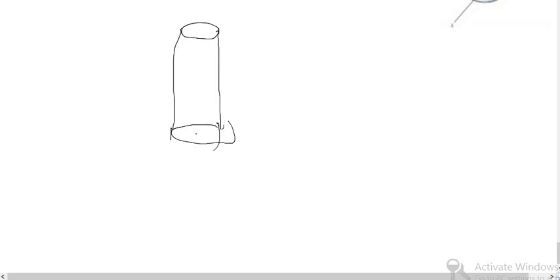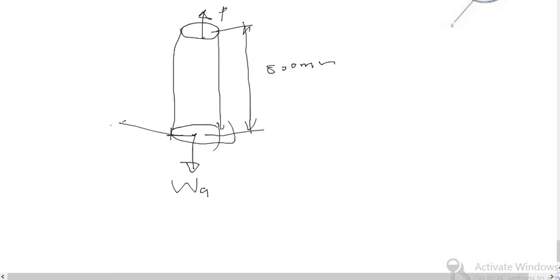The weight is always acting down, so let us call it WA, and there must be a force that will oppose this weight to maintain it in equilibrium, so let's call it P. We are given that the distance from this point to this point is 80 millimeter, and also the radius is given as 0.2 from the diagram.